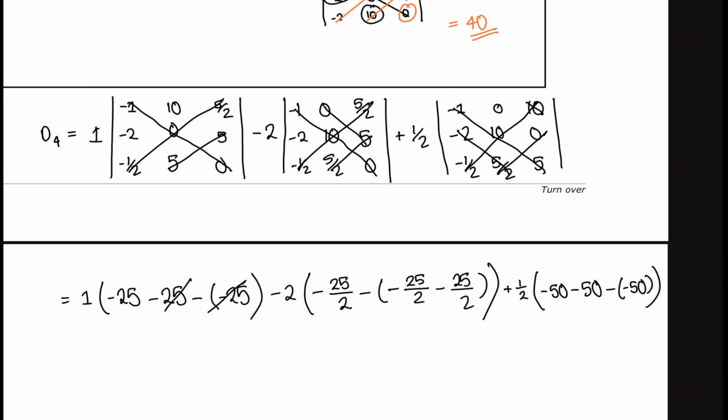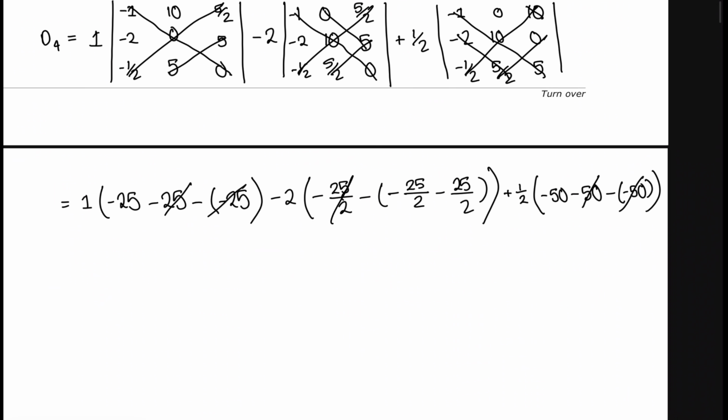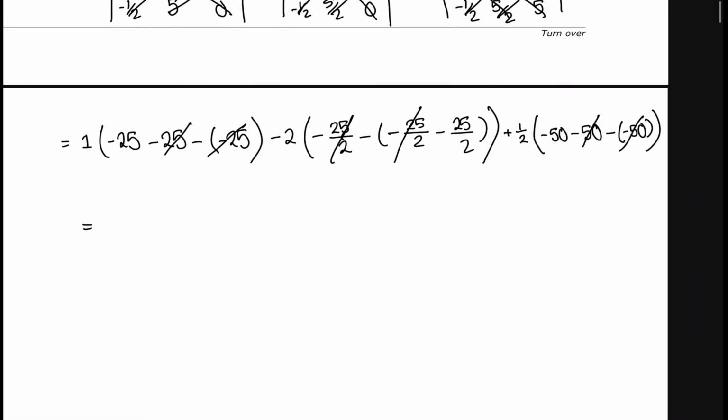So we're just left with minus 50. So this and this go away. And also this and this go away. So we're left with minus 25, and then minus 25 over here, and then another minus 25 over here, if I'm not wrong. So we get minus 75.